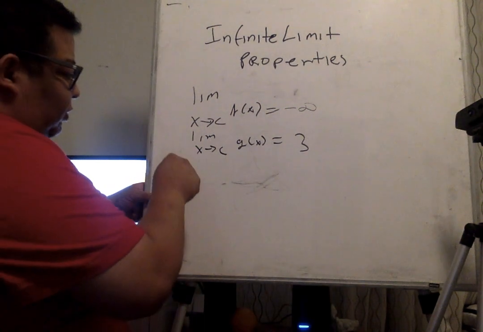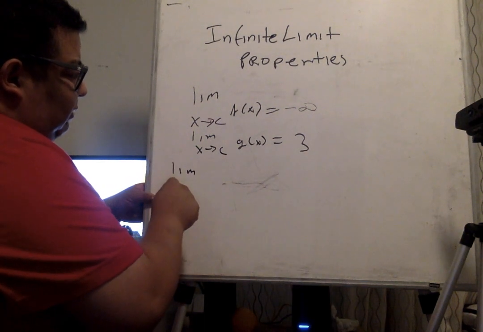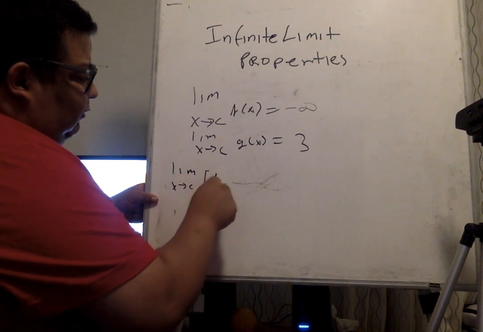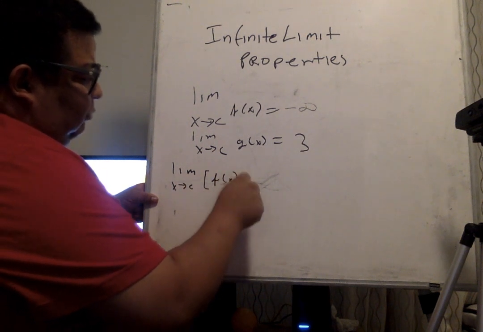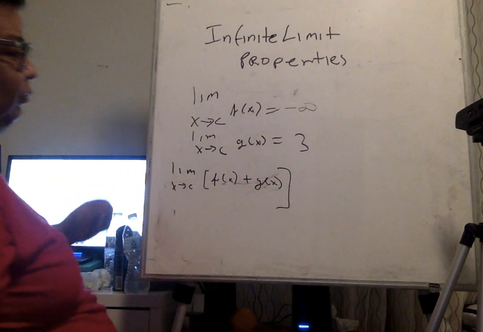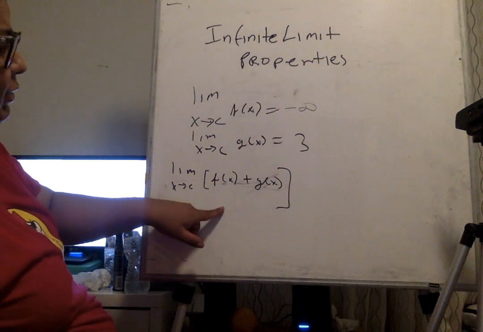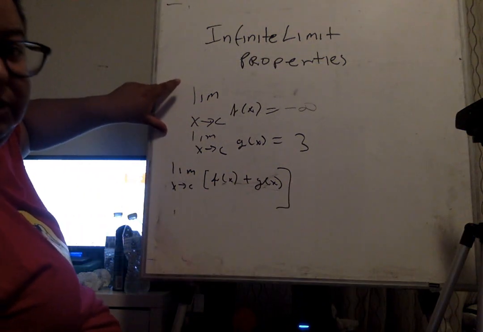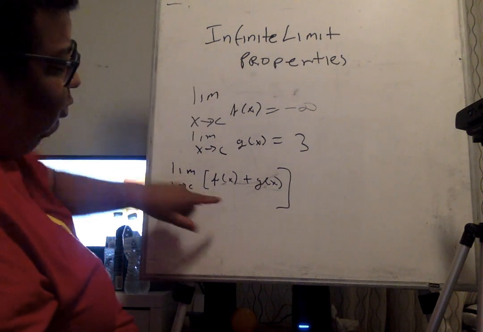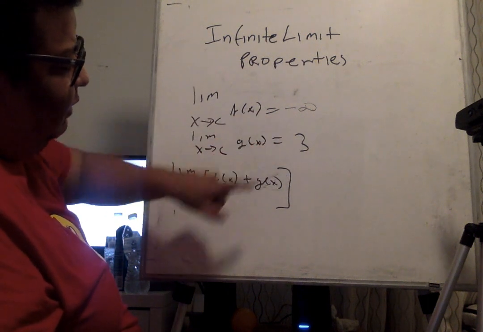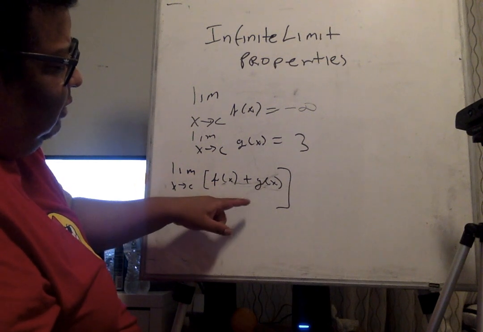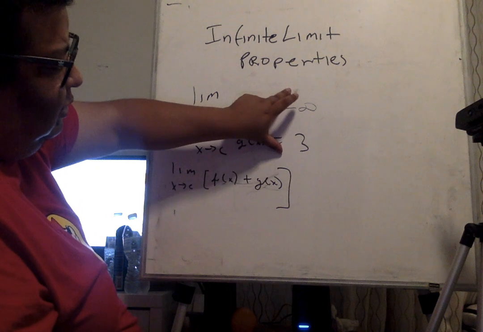So let's make a new function. Let's find this limit as x approaches c of f of x plus g of x. So the property of infinite limits says that the value of this function is going to be the addition of the limits.